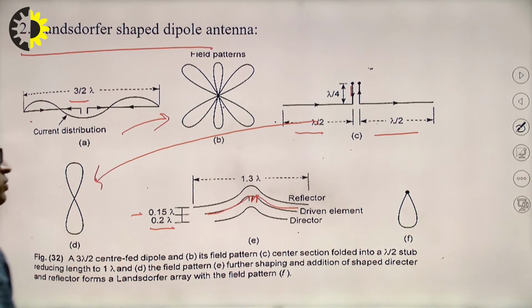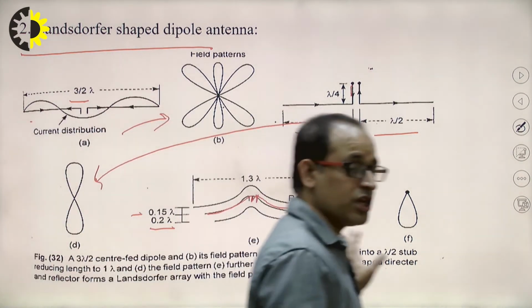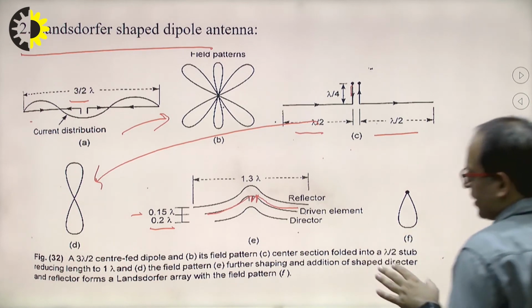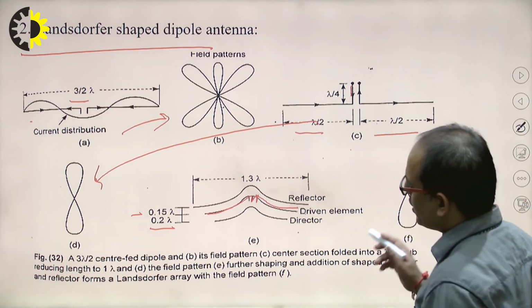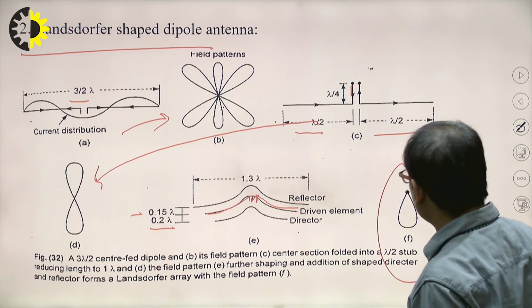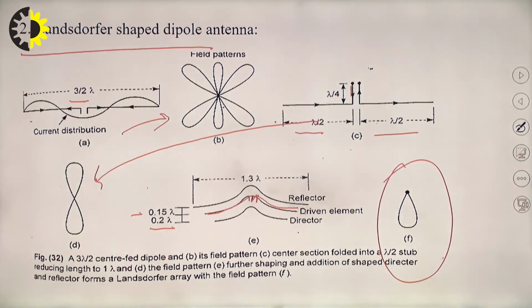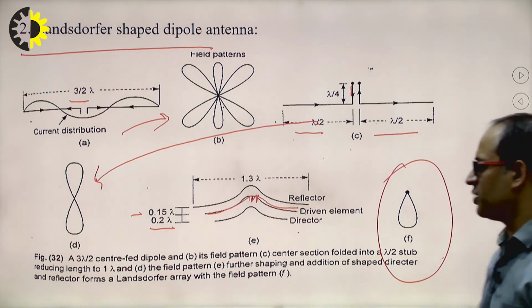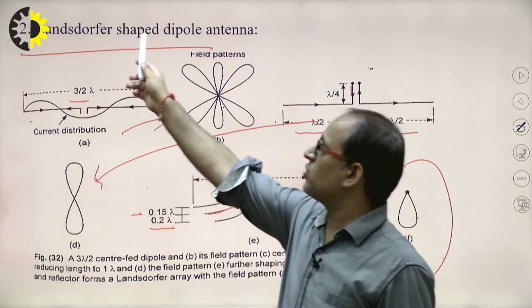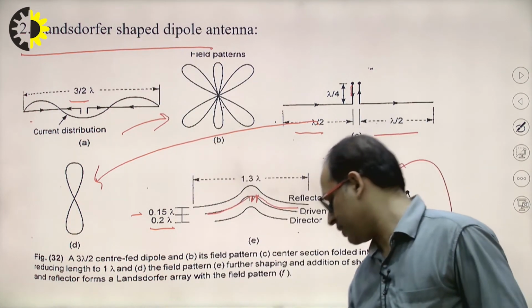Clear? So by changing the shape and length of the driven element and reflector, we will get a unidirectional radiation pattern, and this shape is known as the Darfur shaped dipole antenna.